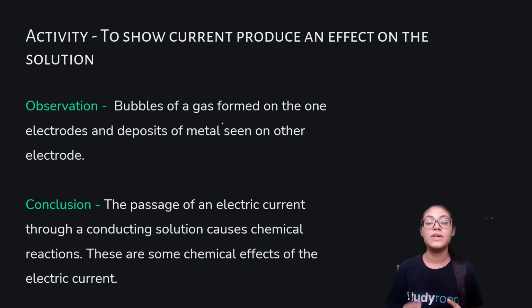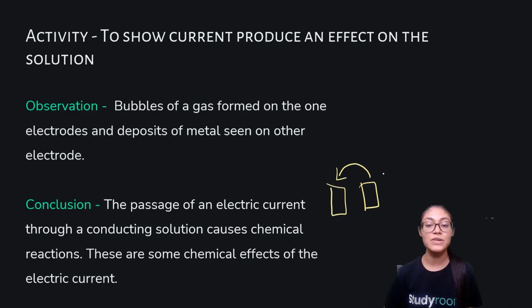So we can conclude that the passage of an electric current through a conducting solution causes chemical reactions. The chemical reaction we saw in this case is that metal from one electrode is getting deposited on the other electrode when there is a flow of electric current. Right? So these are some chemical effects of electric current.